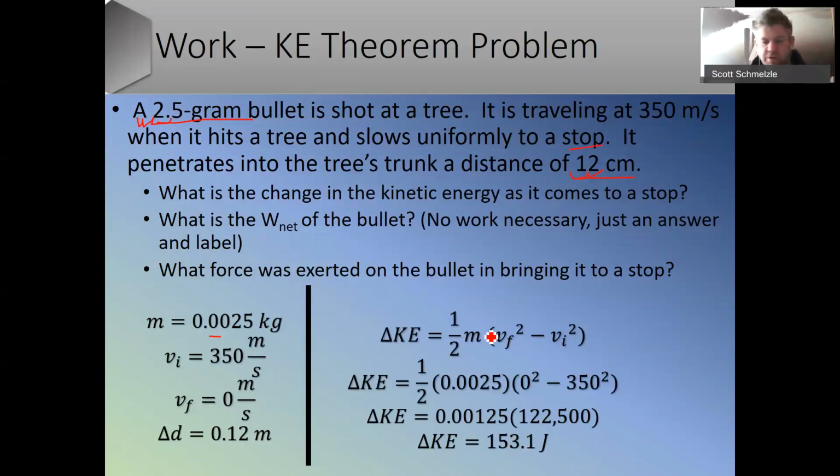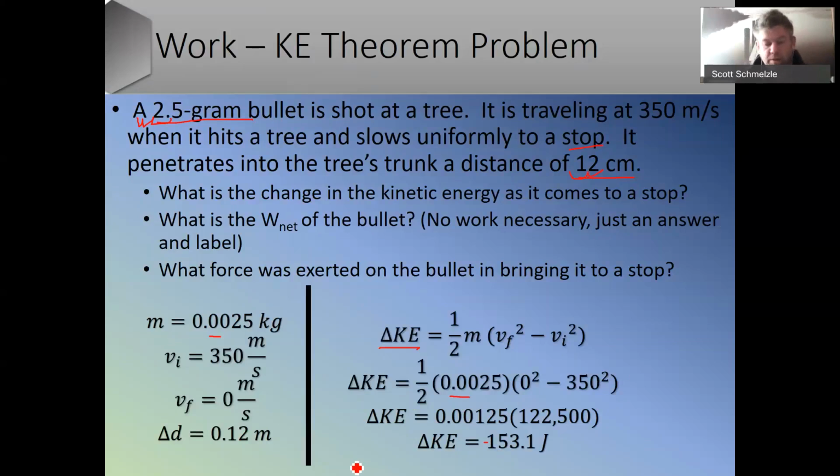So if we want the change in kinetic energy, we're going to use our delta KE equation for this one. We put our mass in, 0.0025, and we put in our final velocity of 0, our initial velocity of 350.